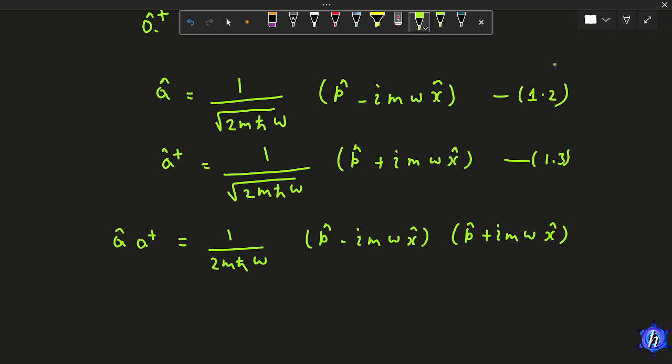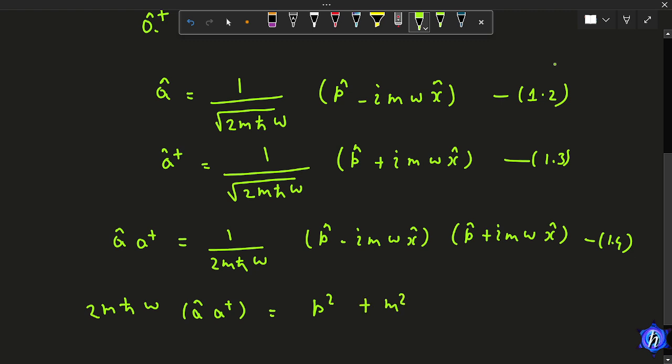So I'll just take this over to this side, which will make our life easier a bit. This is equation 1.4. So I'm just multiplying this out: p square plus m square omega square x hat square plus m omega h cross. So this is equation 1.5.